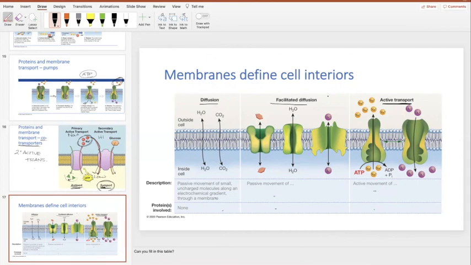Here you can see we've had to take advantage of some transmembrane proteins to get things across. And here you can see we've had to do some pumping action. If you can fill in this table, then you understand these concepts and you will be good to go in terms of understanding for your exam.